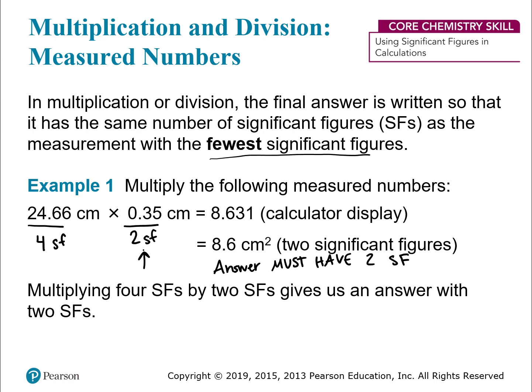So when you're doing a problem and you're multiplying or dividing, figure out how many sig figs are in each of the measurements, ignore the exact numbers, and determine how many sig figs your answer must have. It has the same number of sig figs as the measurement with the fewest significant figures. It's one of those things that you just have to practice.